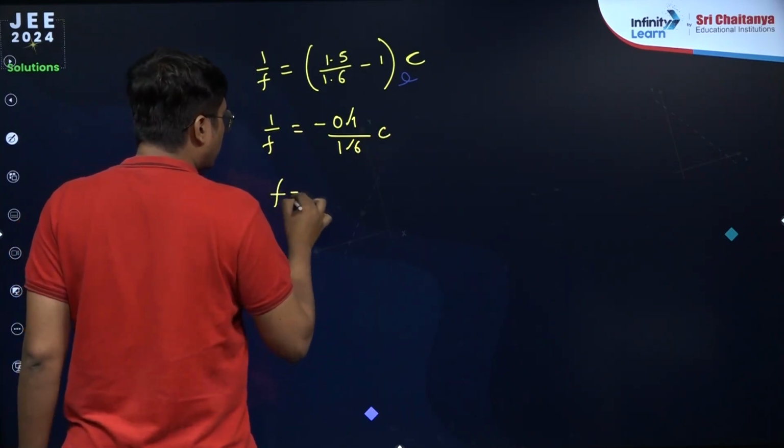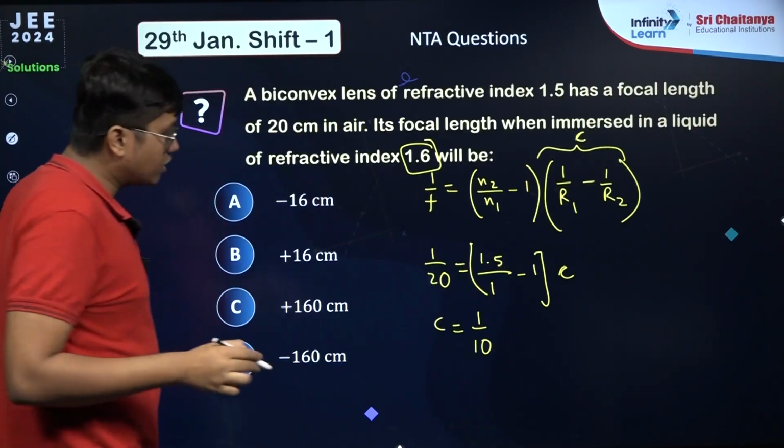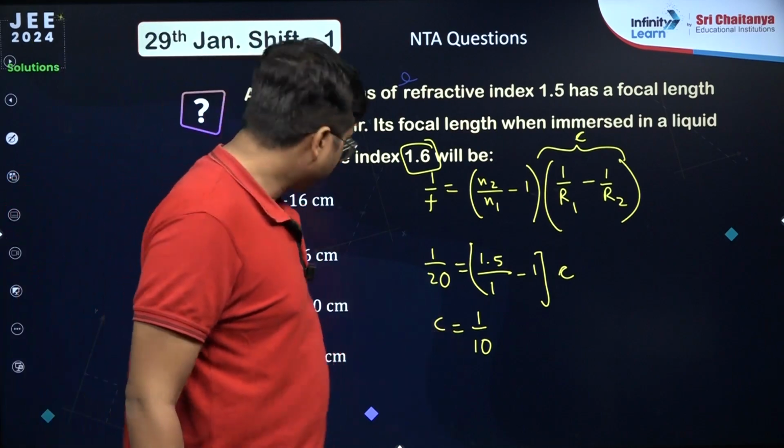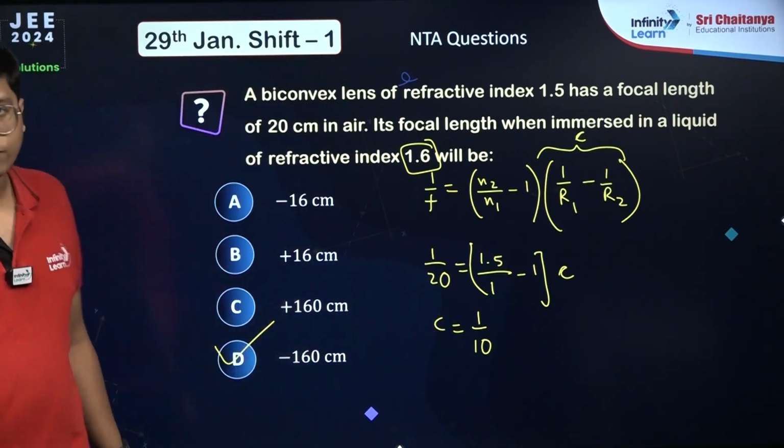So F comes out to be minus 160 centimeter, if you put C is equal to 1 by 10 over there. So the answer is minus 160 centimeter for this.